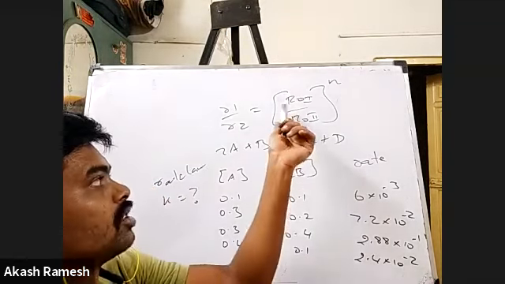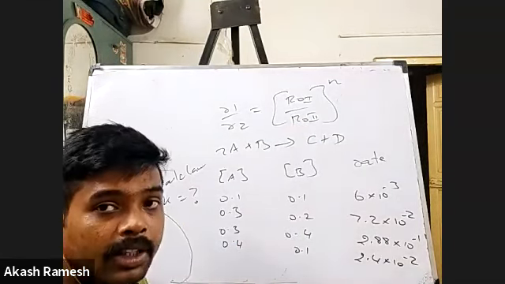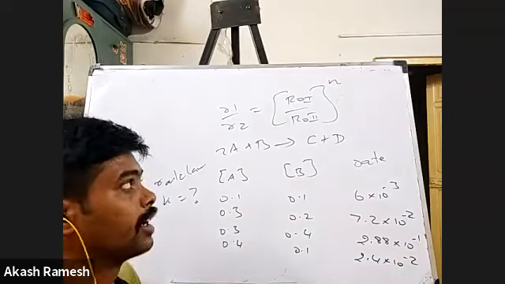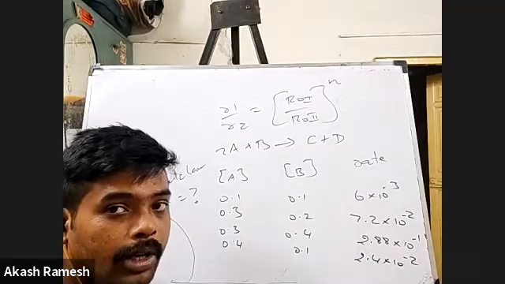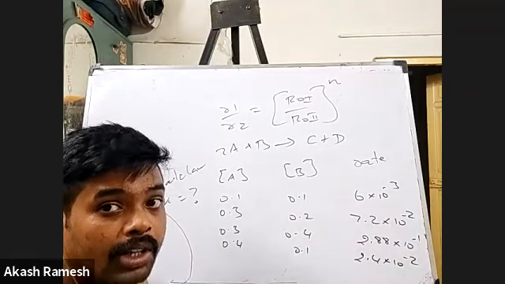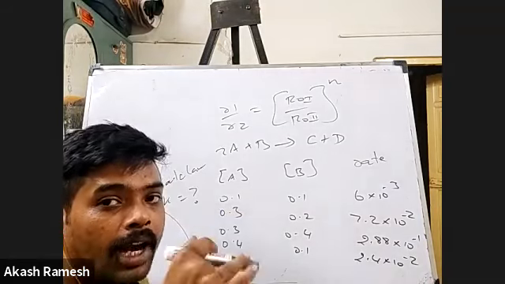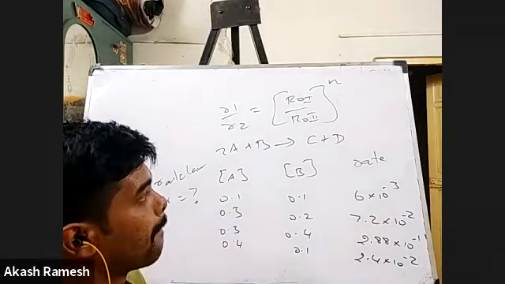Basically I have to use this equation: R1 by R2 is equal to first initial concentration divided by second initial concentration, power n. You will not take both A and B at the same time because you are making one of them constant in both values, so that particular concentration will get cancelled.